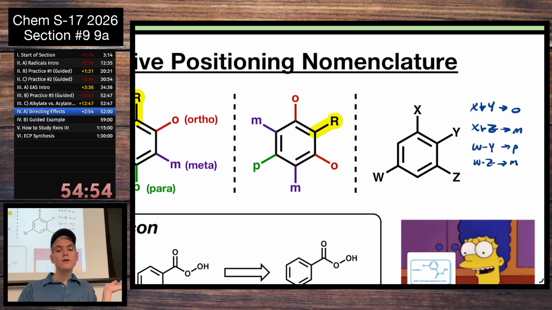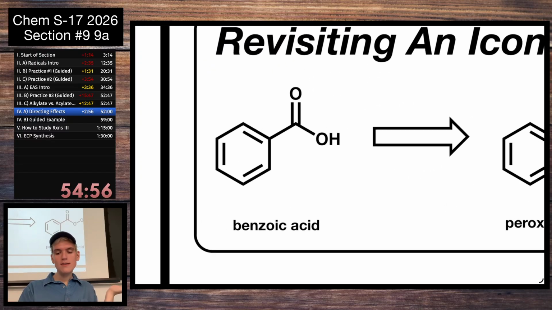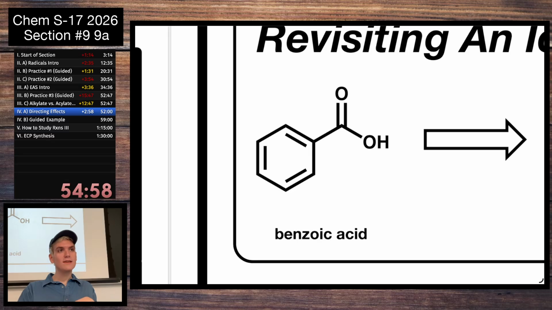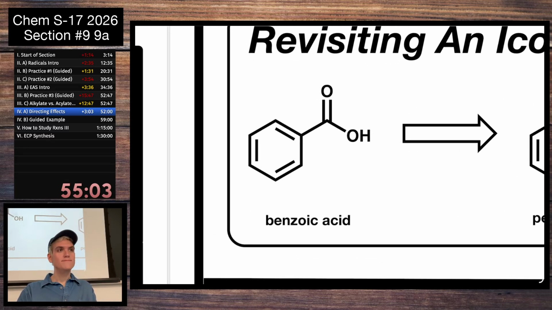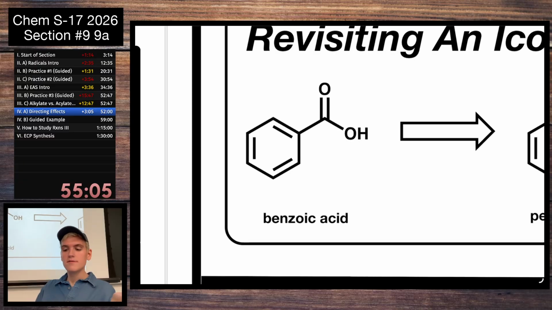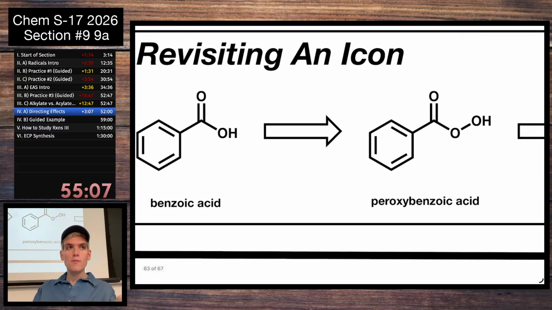Meta, great. So now, if you had a benzene ring with a carboxylic acid, we do a little portmanteau. It's benzoic acid, right? Benzene carboxylic acid, fair enough. If you add an OO bond here, this is like peroxide, so we do another portmanteau, peroxybenzoic acid.